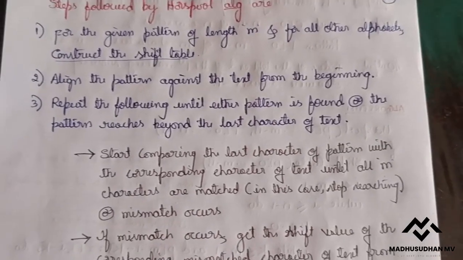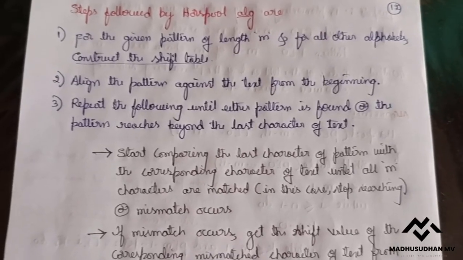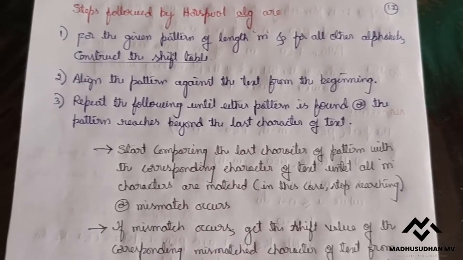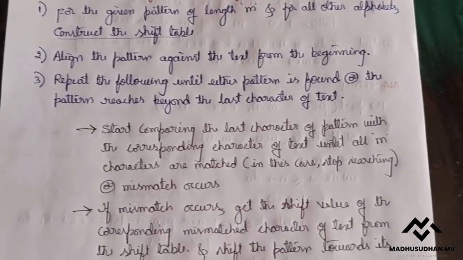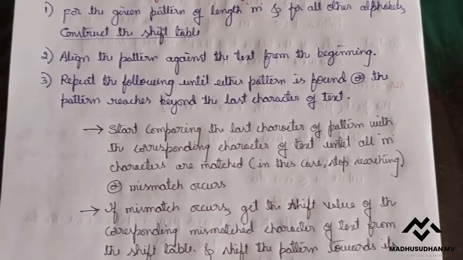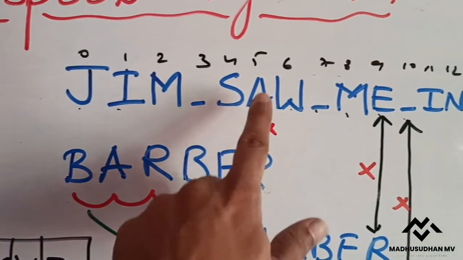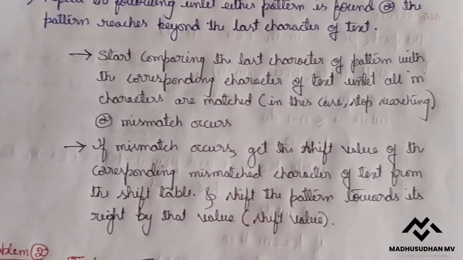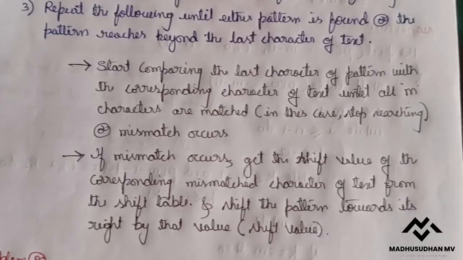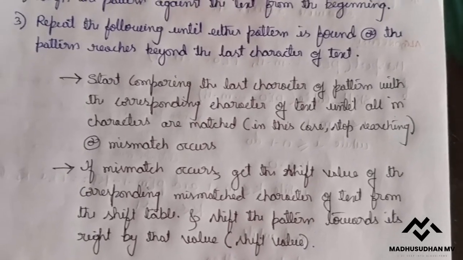Then we repeat comparing and shifting until either we find the pattern or we reach beyond the last character of the text. We start comparing from the last character of the pattern with the corresponding character of the text, until all m characters are matched or a mismatch occurs.